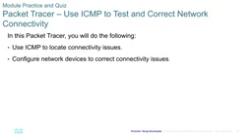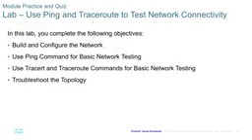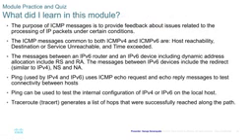There is also a lab activity you can do called Use Ping and Traceroute to Test Network Connectivity. If I get a copy of that, again, I will post it. If not, you should download it from your Cisco NetAcad and do that for your understanding of this particular module's concepts.